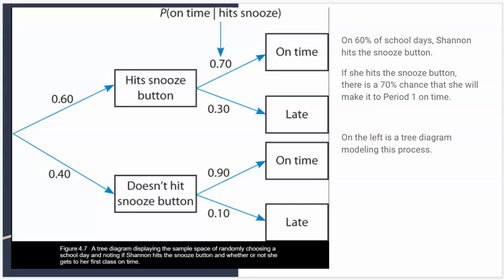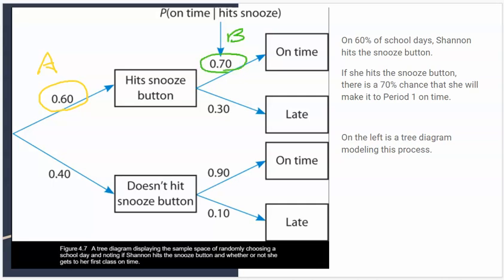You can see here, let me use my little highlighter. You can see right about here that this is the event A, where she hits the snooze button. And then here is event B, where she's on time.